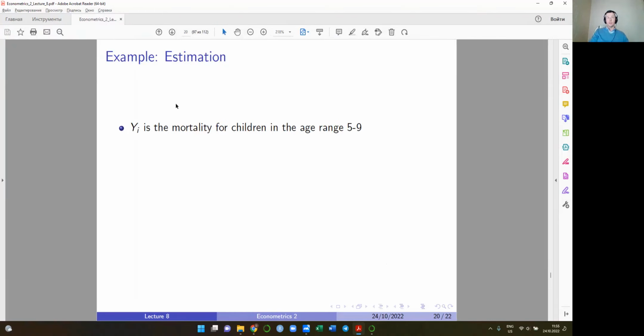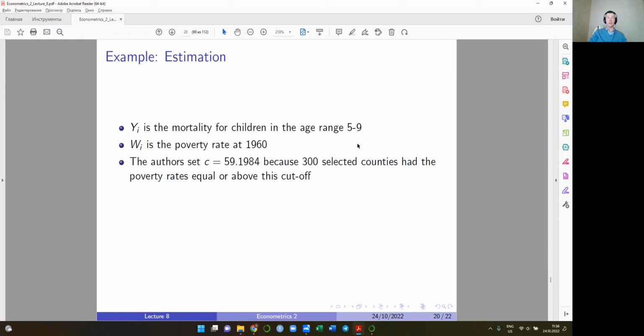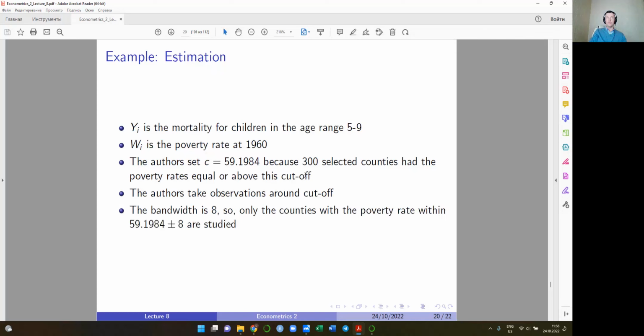So for the illustration, let y be the mortality for children in the age between 5 and 9 years. W is the poverty rate in 1960, and so I follow the author's construction. So the cutoff is 59.9084. Why? Because this is exactly the threshold between the 300 poorest counties and the rest of the counties. And the authors took the observations around this cutoff and they took a window of 8.